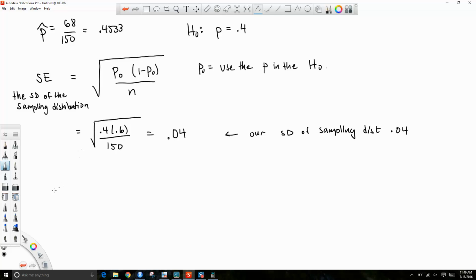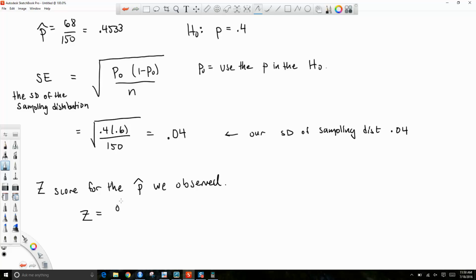So let's get a z-score for the p hat we observed. So my z is equal to, let's just talk about what our z-score should be.